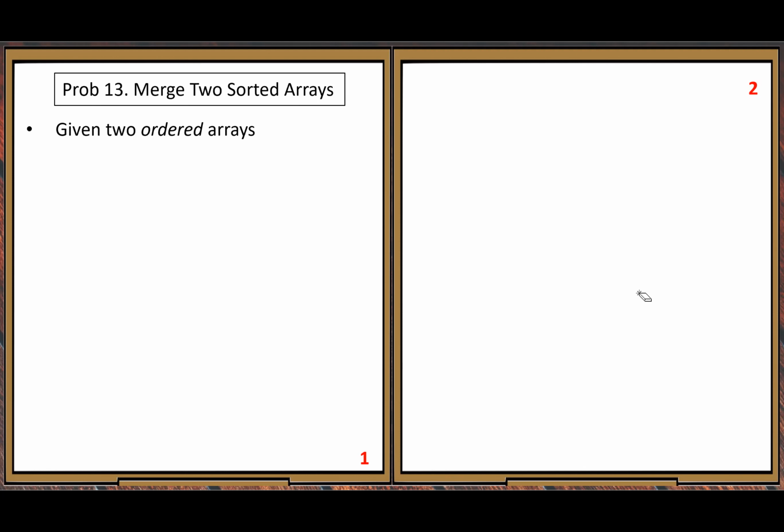Now we want to do this operation: how to merge them to get a bigger ordered array. That ordered array contains all the elements from these two ordered arrays, and we want to use the minimum number of comparisons to solve the problem. That's our problem number 13.